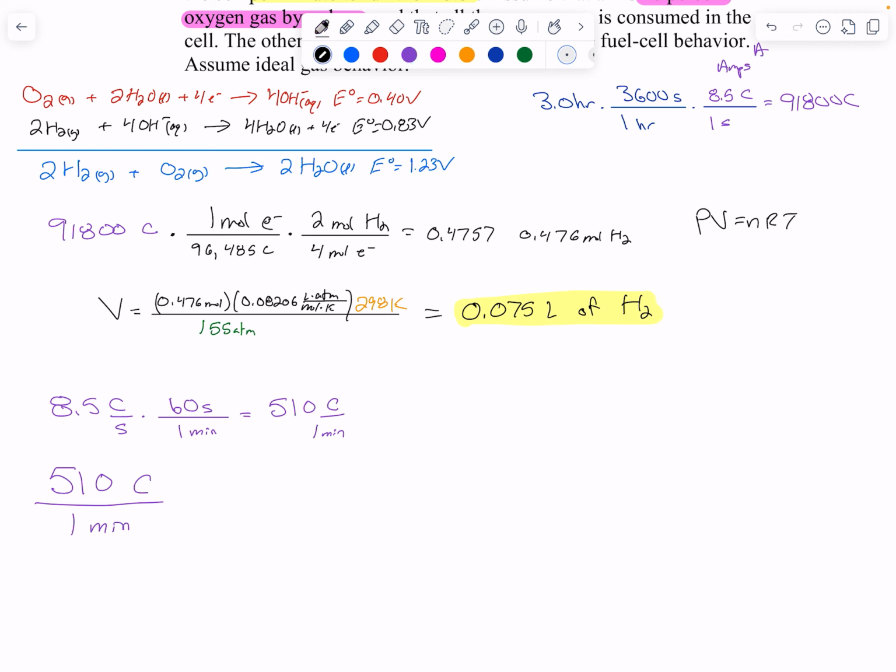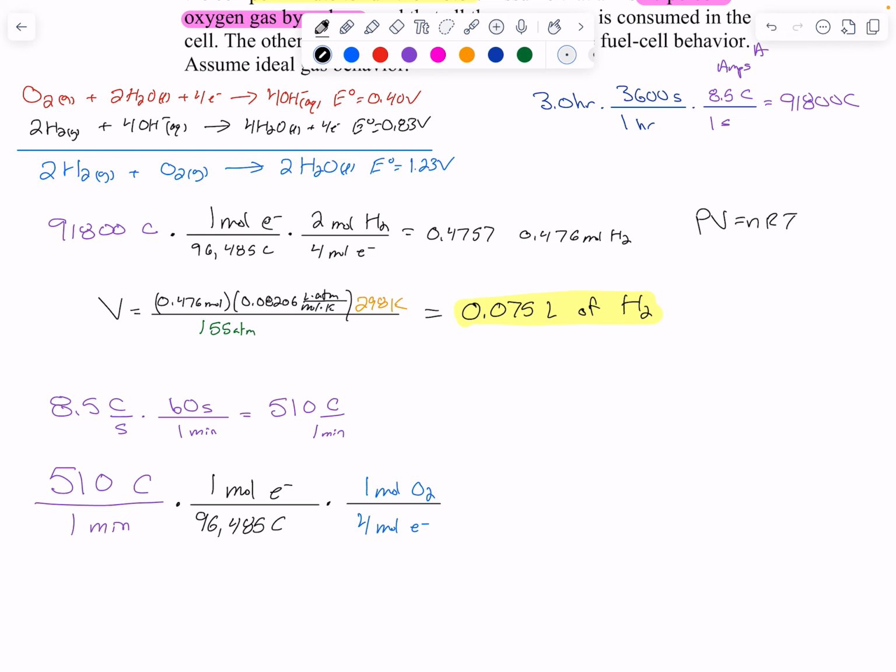We take our 510 coulombs per minute. We know there's 96,485 coulombs per 1 mole of electrons, and now we're in moles of electrons. There are 4 moles of electrons to every 1 mole of O2, which is the ratio in the reaction.